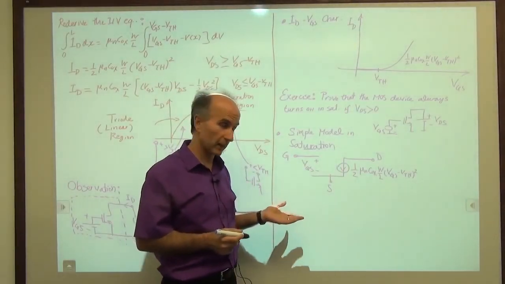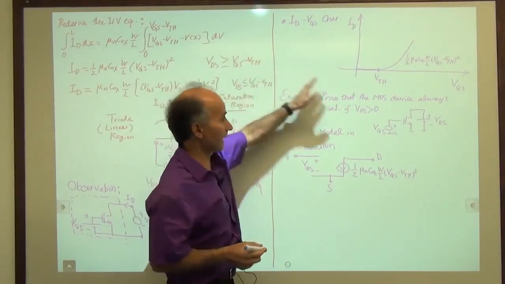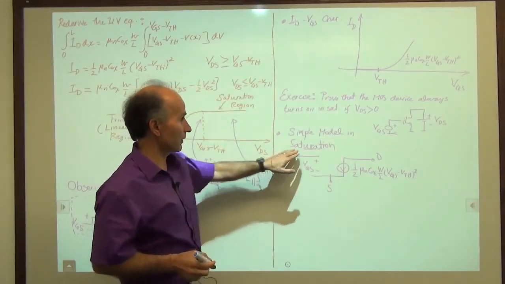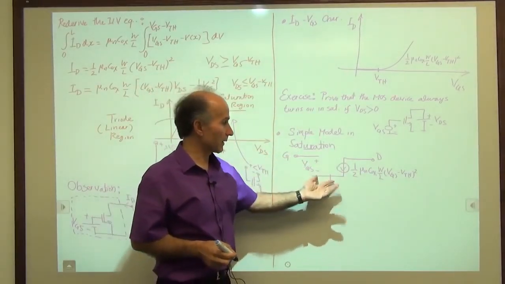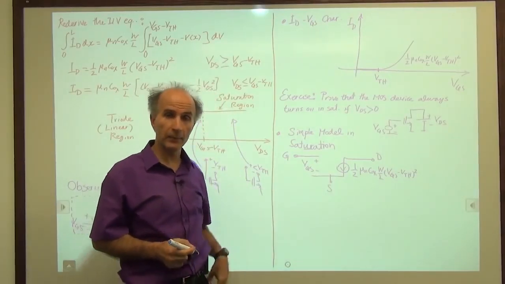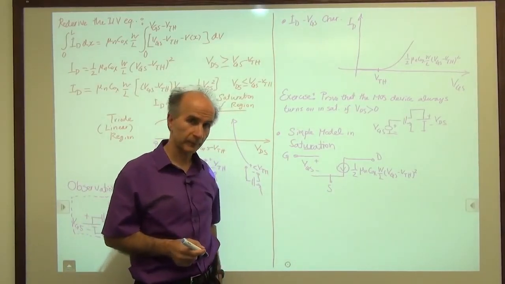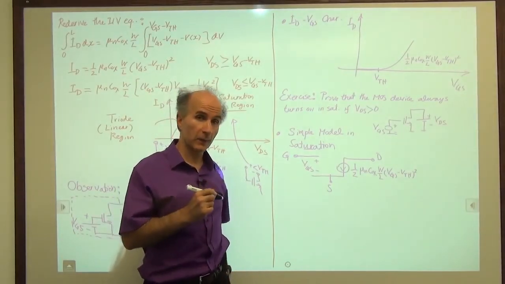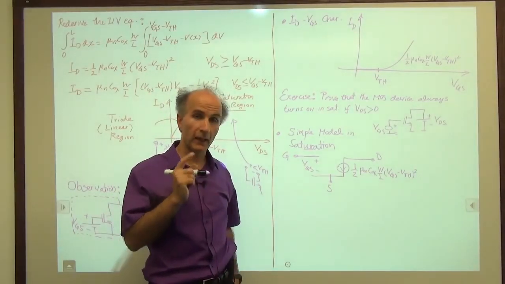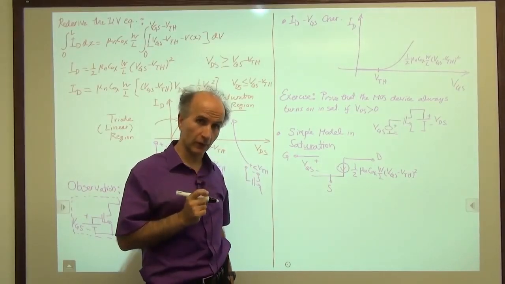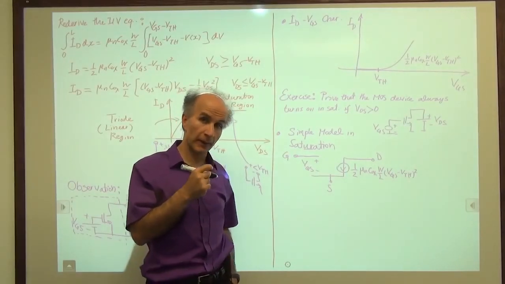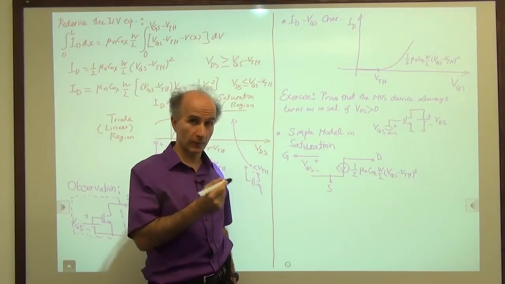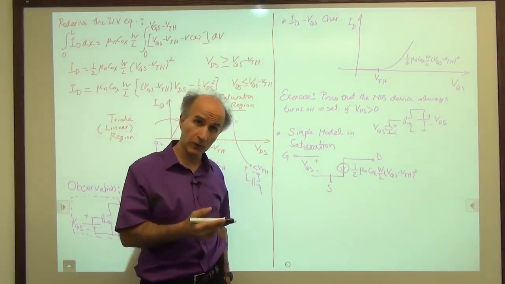So this is very interesting because from all of that analysis, for the saturation region, we arrived at something nice and simple and easy to handle. And this also helps us with our search for a voltage-dependent current source. Do you remember last time we tried to build an amplifier using a voltage-dependent current source, and we saw that we could do that.